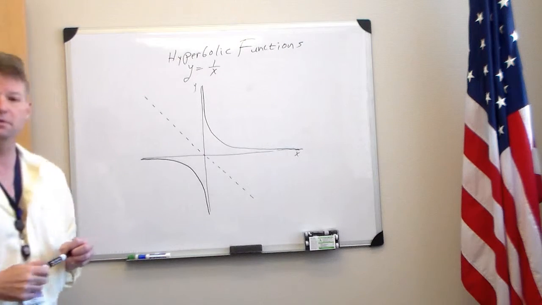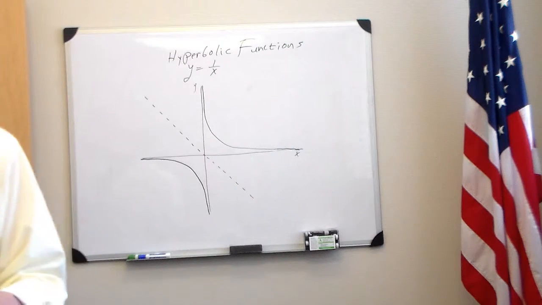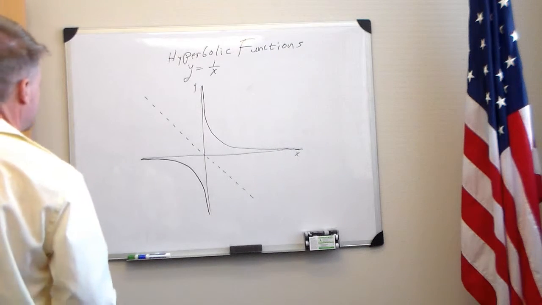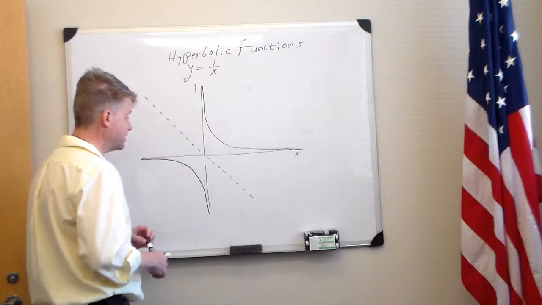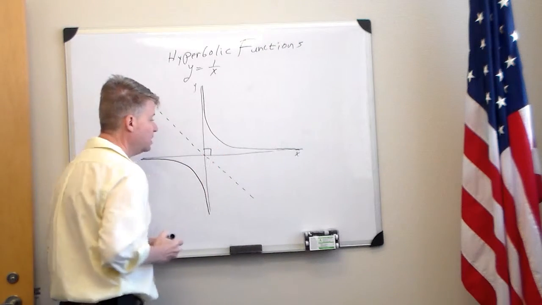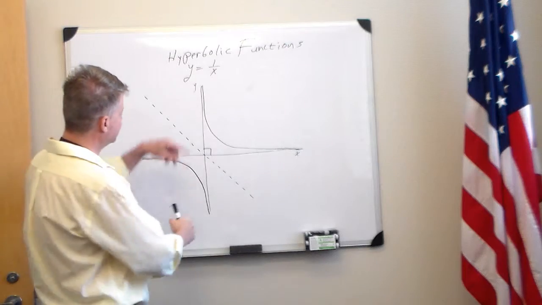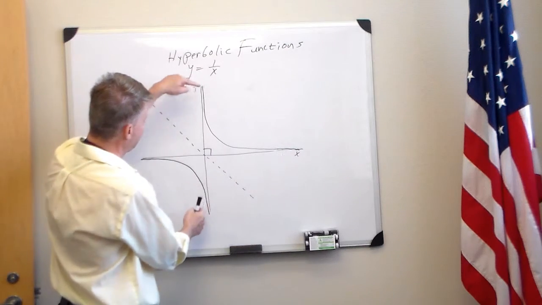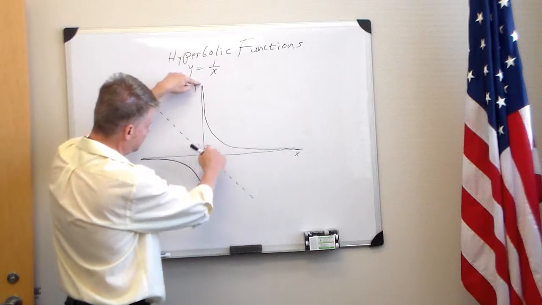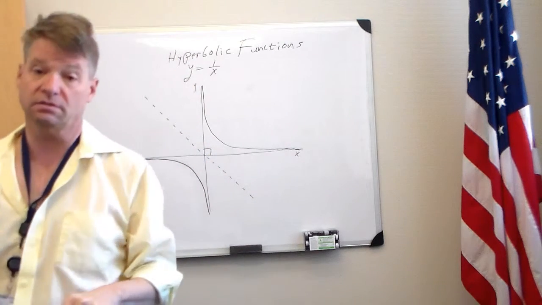Each half becomes hyperbolic to an axis, to two sets of axes that are at right angles to each other. All right? In other words, we have two sets of axes here. We have the x-axis, we have the y-axis. The x and the y-axis are at right angles to each other.